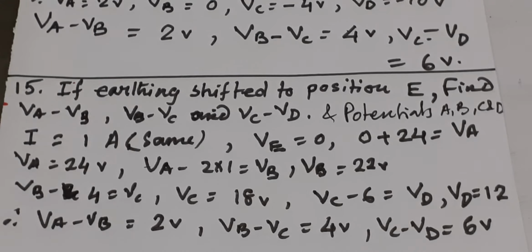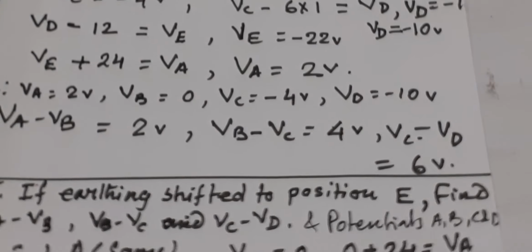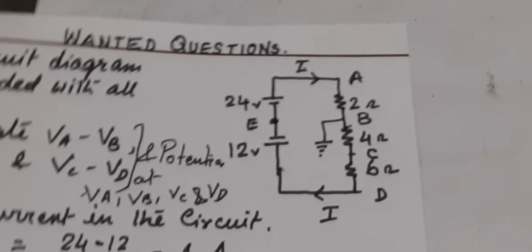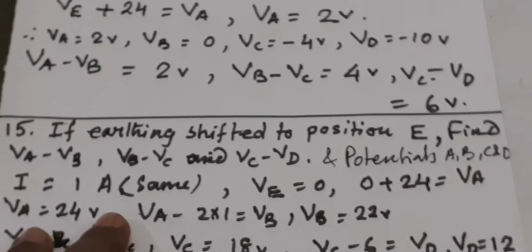Next, you have to find out, as you know that earthing is done at E, so E potential will be 0. Now 0 here plus 24 volt. You see the diagram, plus 24 volts. So VA will come 24.